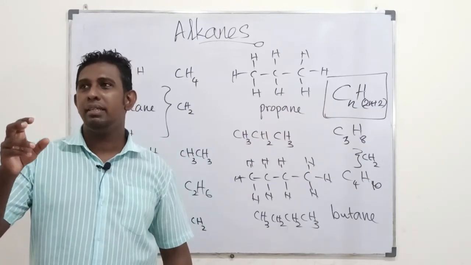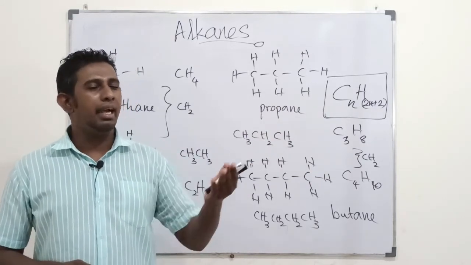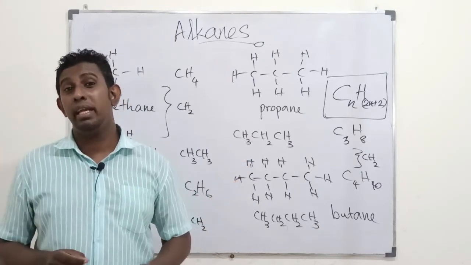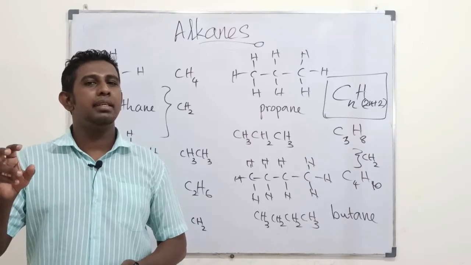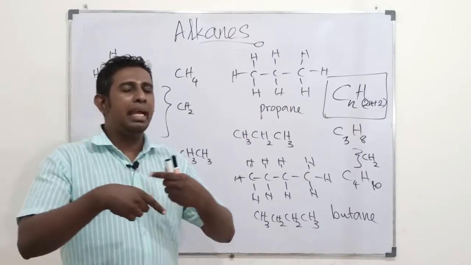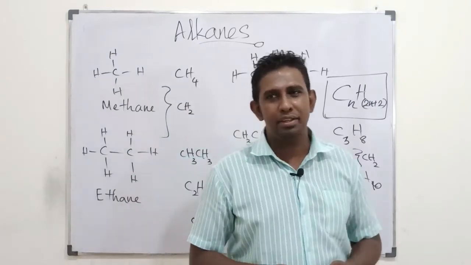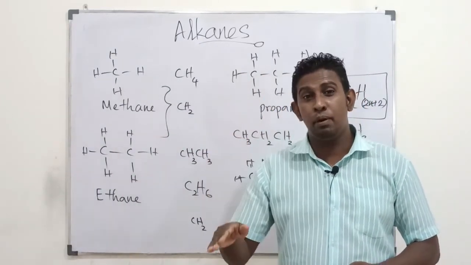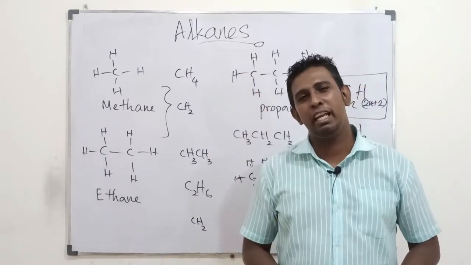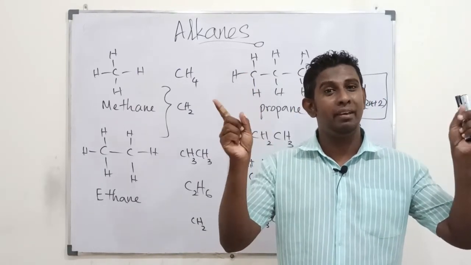Oct is 8, octane. 9 is non in Latin, so nonane. 10 is dec, plus ane, decane. In that manner, you could name them: methane, ethane, propane, butane, pentane, hexane, heptane, octane, nonane, decane.